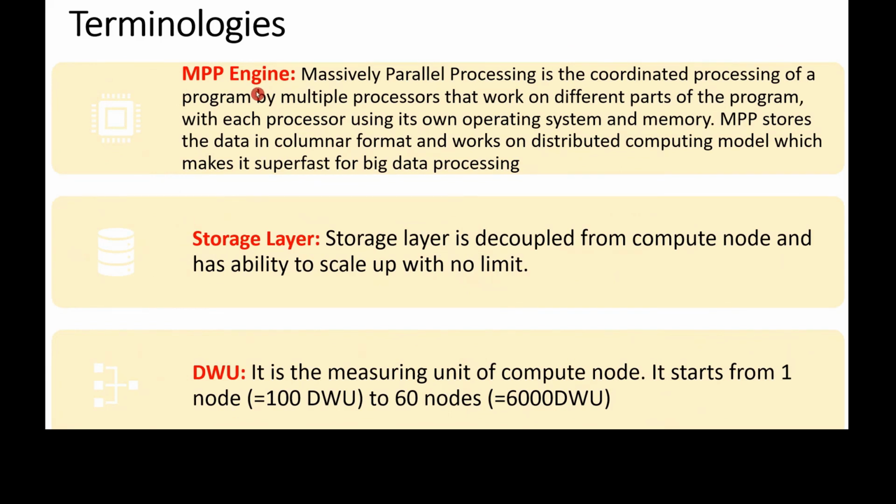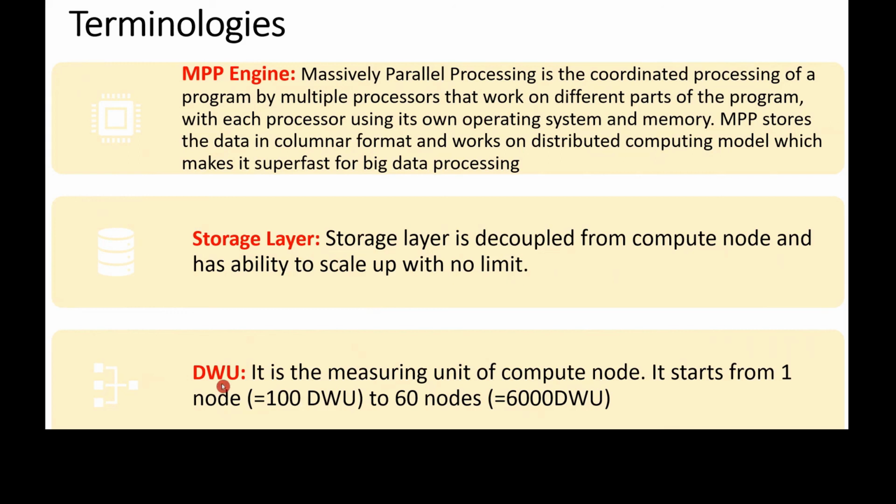Next one, MPP engine. MPP engine is coordinating all the processes. It is responsible to split the task into smaller ones, and also it is responsible to coordinate with compute nodes and get the job done. The storage layer is completely decoupled from the compute layer, and the storage layer can scale up with no limit and independently.